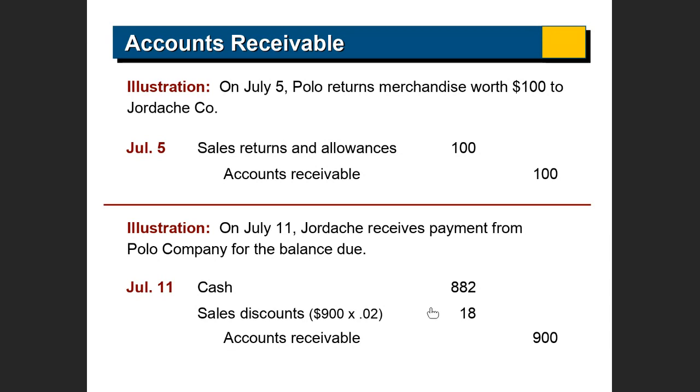So they will get a 2% discount. They will only pay 882 riyals in cash, and the sales discount of 18 riyals would be recorded. So the credit is going to be accounts receivable, and the debit is cash 882, and the sales discount 18.